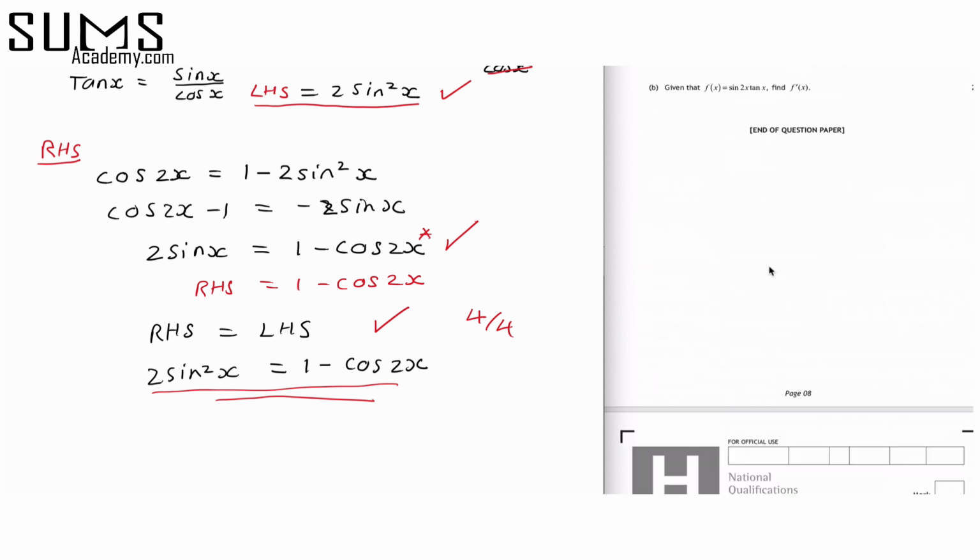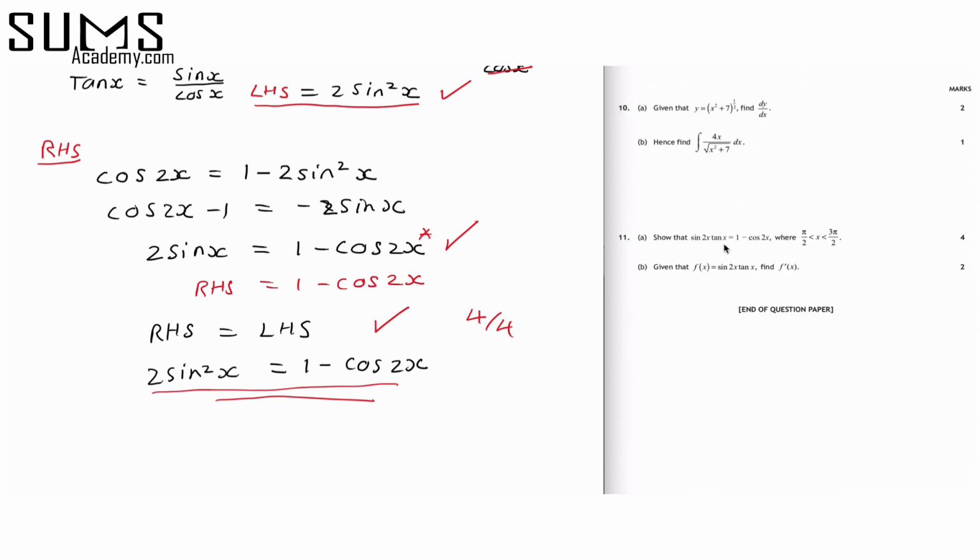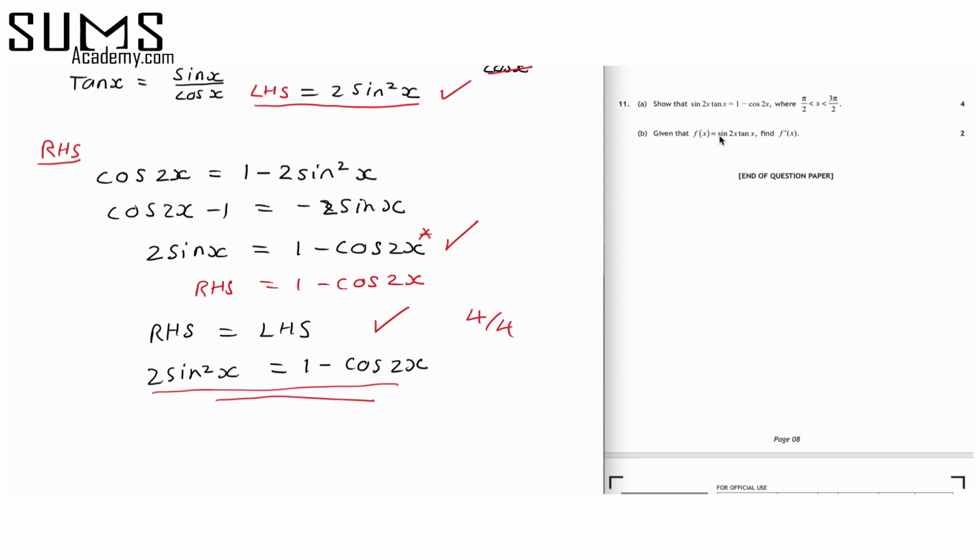Right, back down to the question. The next question says, given that f of x is equal to sine 2x tan x, find f dash x.